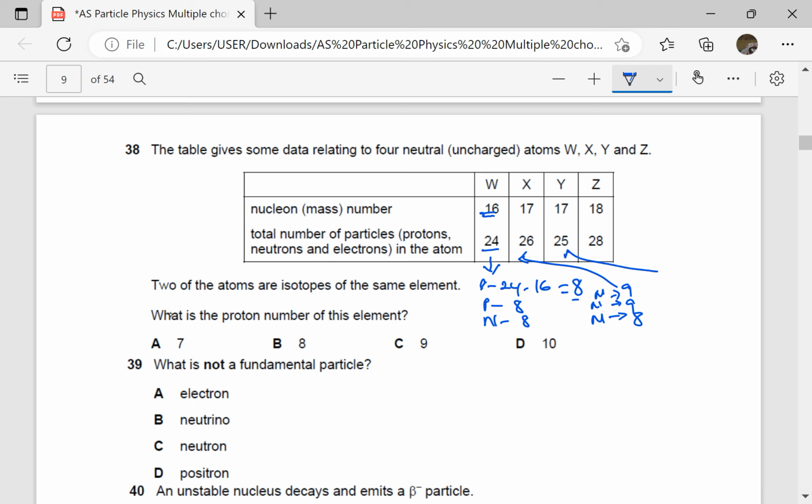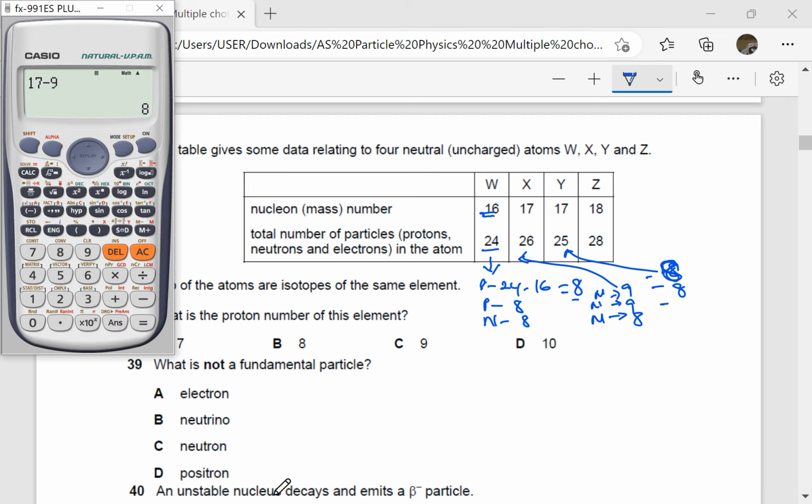Then we can look at Y. The number of electrons is 25 minus 17, which is 8. That is the number of electrons, which is the same as the number of protons.